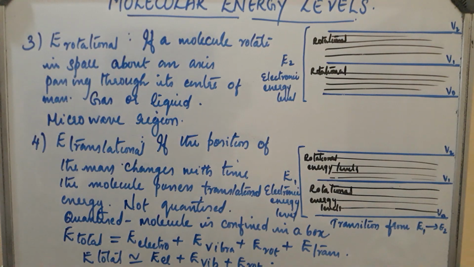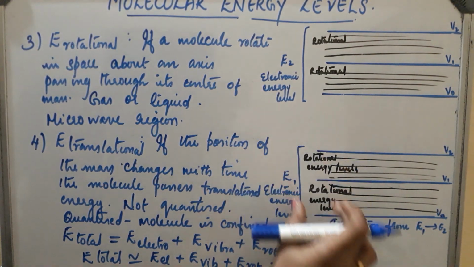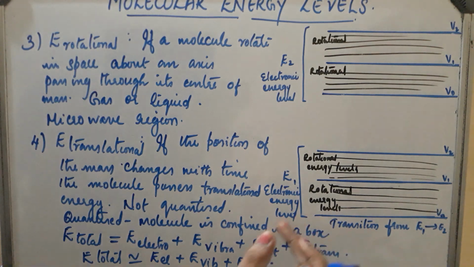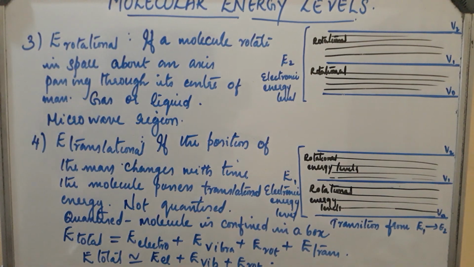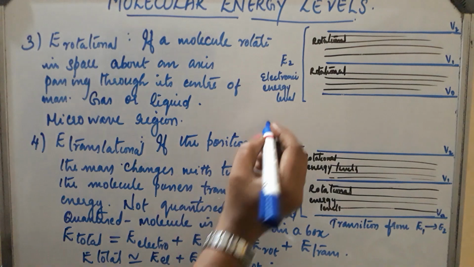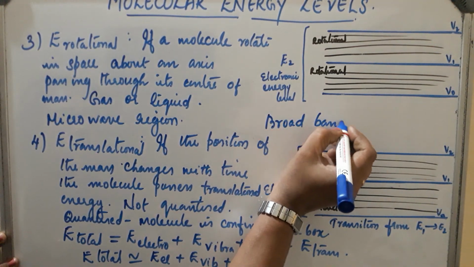In the UV spectrum, the electronic transition energy gaps come under the UV region, so the UV spectrum appears as a broadband.